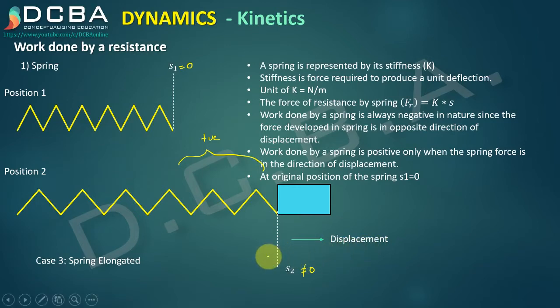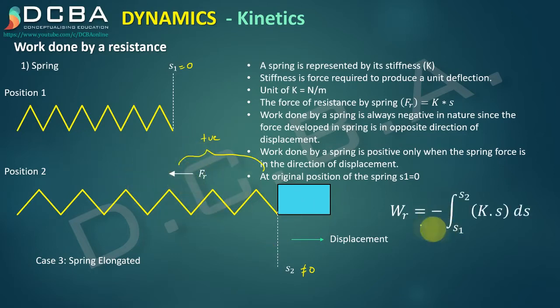The direction of the resistive force is in the opposite direction. Hence the work done is negative, and it is given as WR equals minus the integral from S1 to S2 of k s ds. That's it. So here S1 is equal to 0, S2 is not equal to 0, and it is positive.